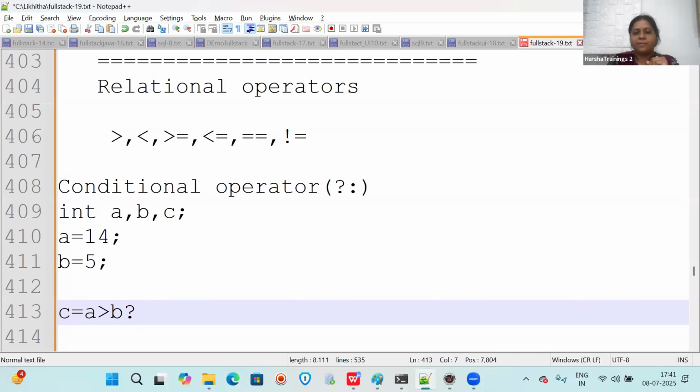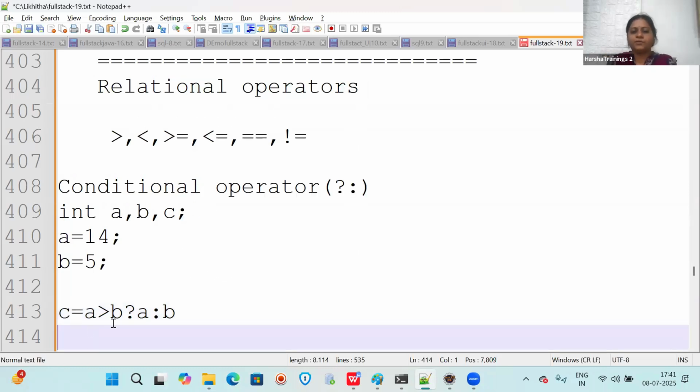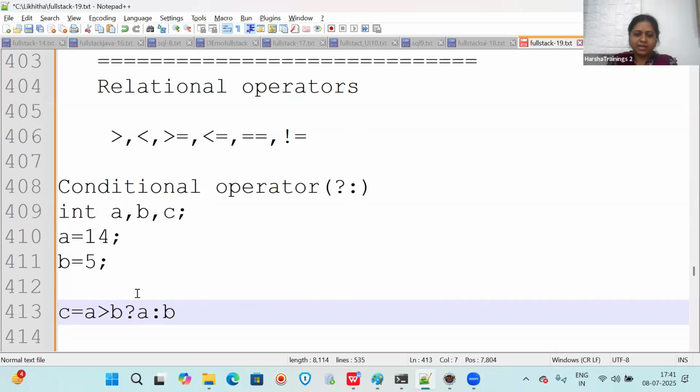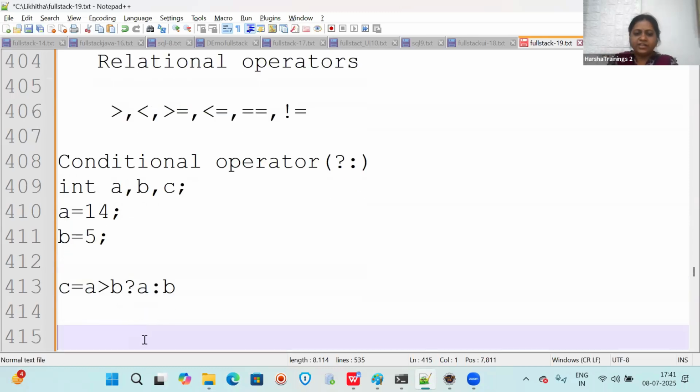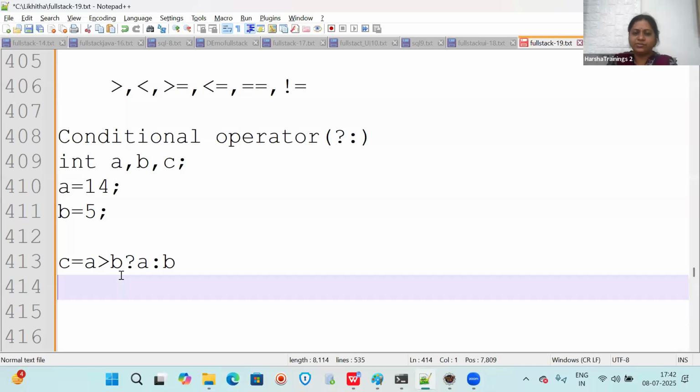Then the colon: if this condition is true, whatever you write after the question mark is taken as output. If this condition is false, whatever is after the colon is stored in the output. So after the question mark you have the true value, and after the colon the false value. Understood?